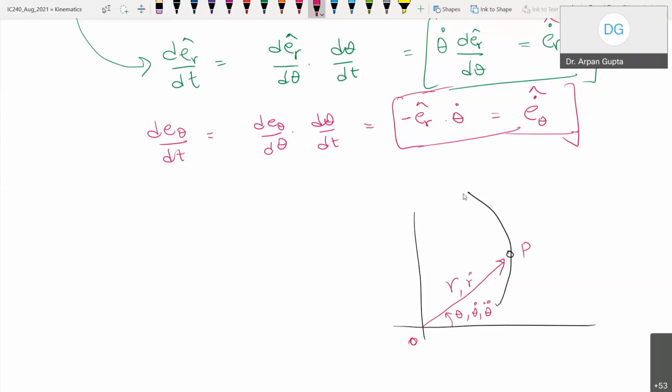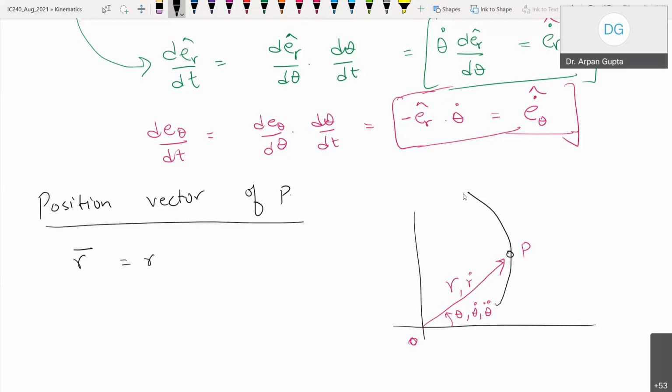So first thing is we express the position vector of particle P. The position vector r vector is equal to r magnitude times e_r cap.